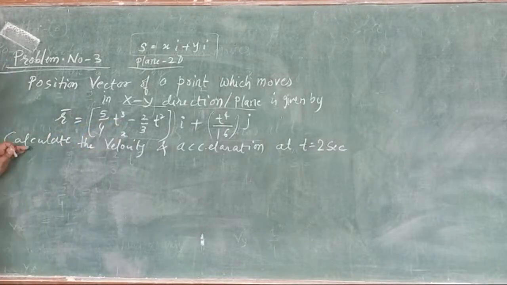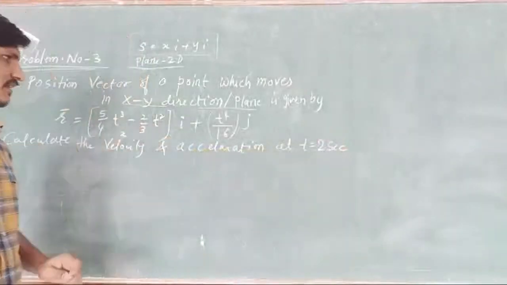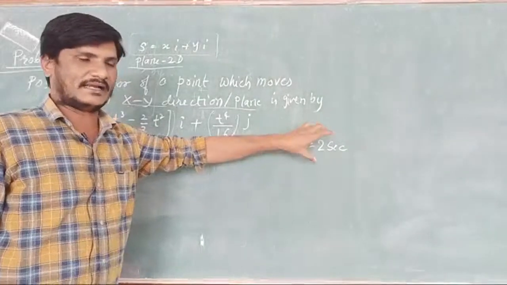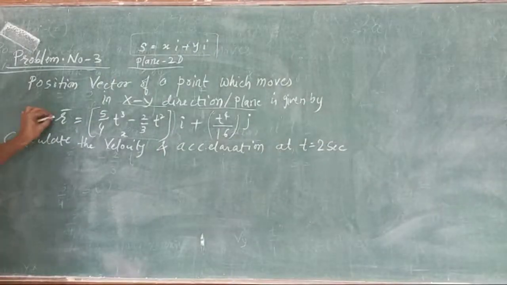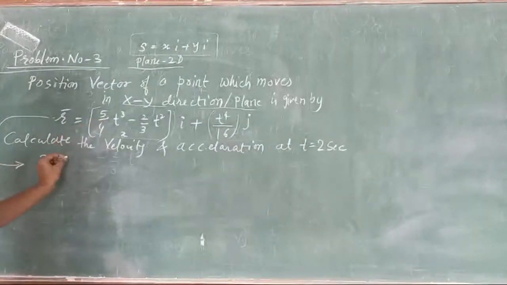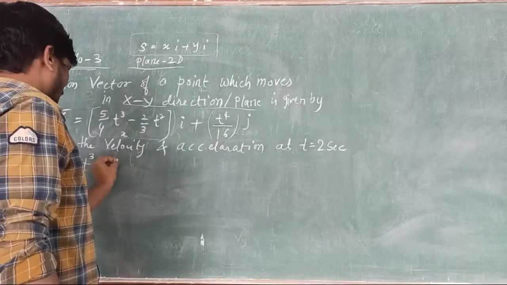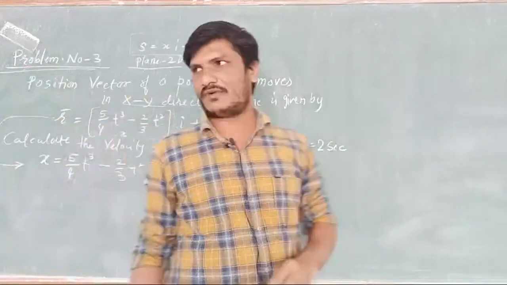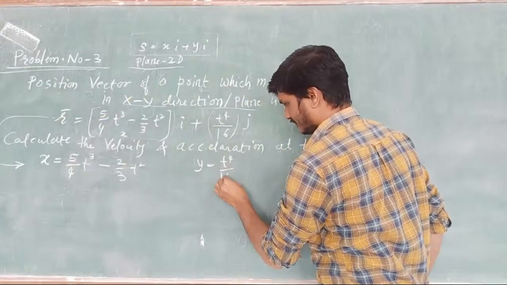Now you need to calculate the velocity and acceleration at t is equal to 2 seconds. Okay, what will be the velocity and acceleration when the time is 2 seconds, you need to calculate. So now I will write it in separate form, where x is 5 by 4 t cube minus 2 by 3 t square, and similarly y is t power of 4 by 16.